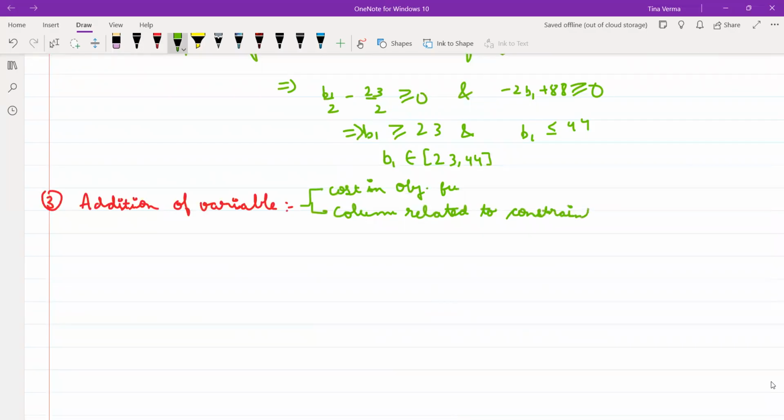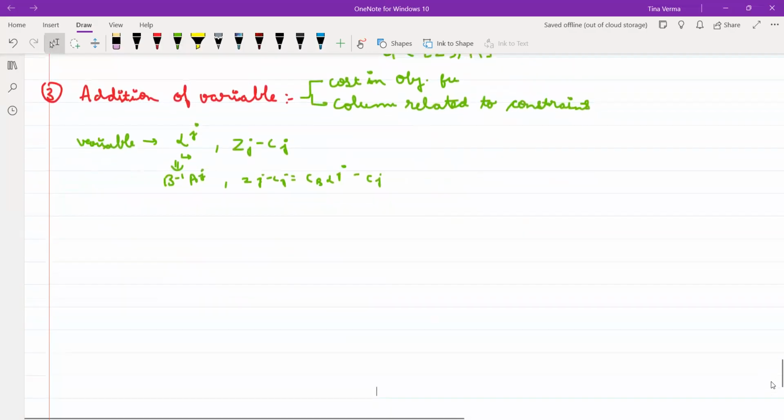So when I have to perform the iteration, I just need to calculate alpha j for the variable. That is the column in your simplex iteration, and zj minus cj that we will calculate. What is the formula of alpha j? That is B inverse times aj, the column of aj, and zj minus cj is CB into alpha j minus cj.